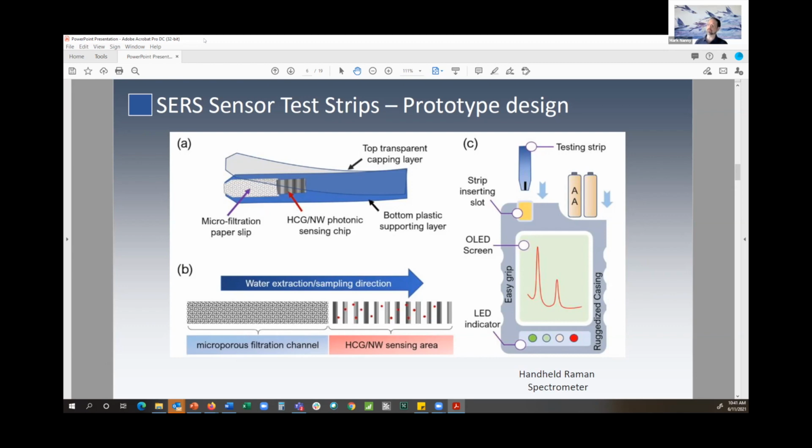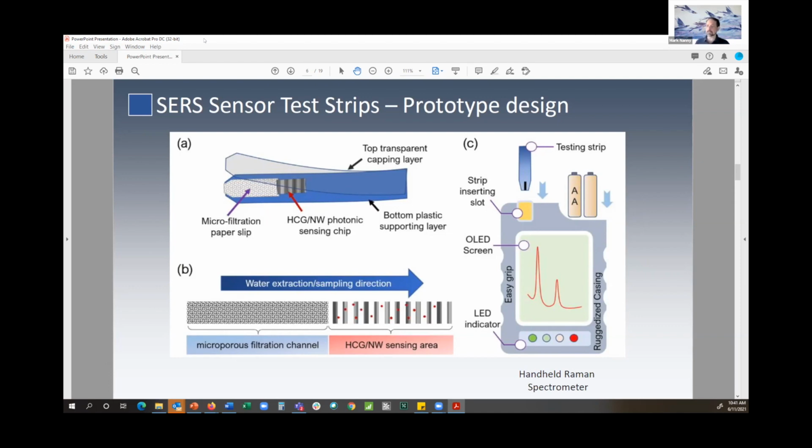There are lots of Raman spectrometers out there that are commercially available for handheld use. And so the idea is that our test strips will interface with that, so that then the output will tell you how much of whatever it is you're looking for.